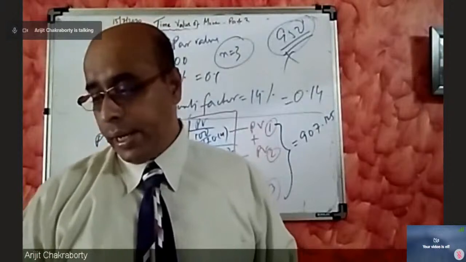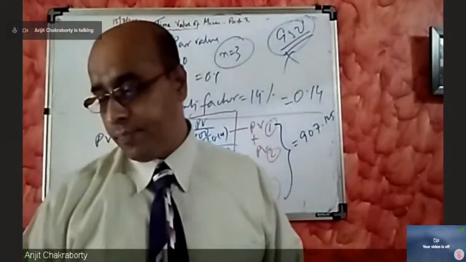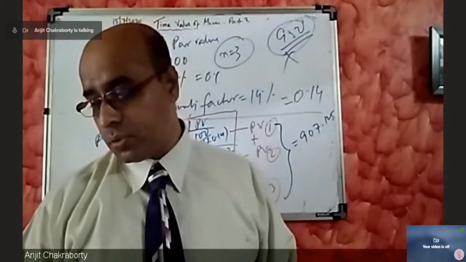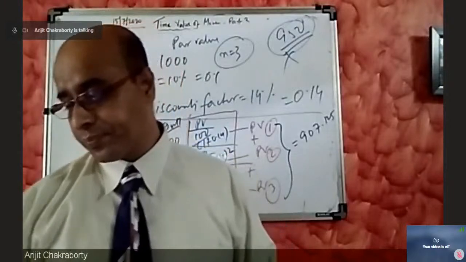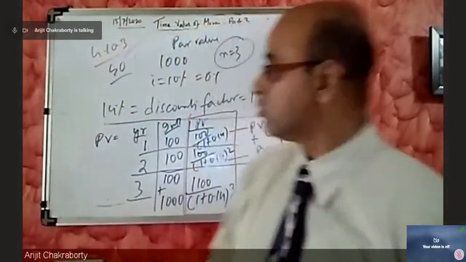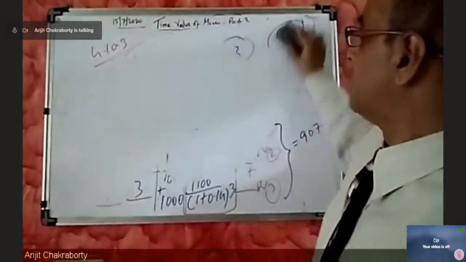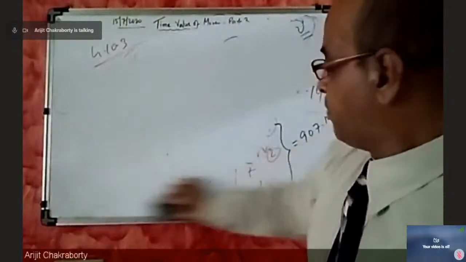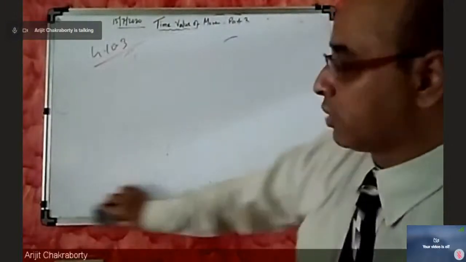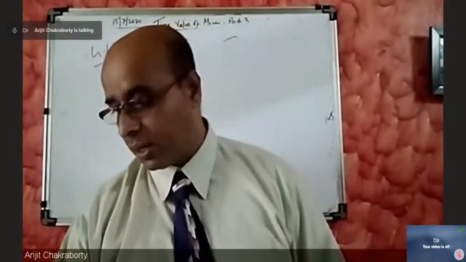Okay. Now the last one is perpetuity, and we look at what perpetuity is. In a simple way, it's an annuity which goes on forever.